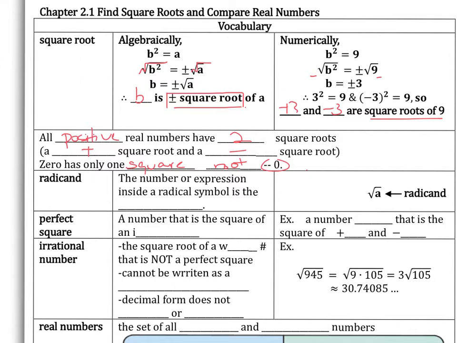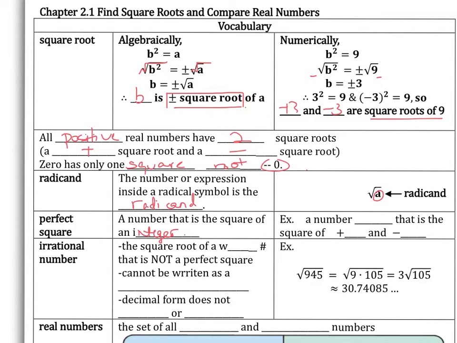Radicand is the number or expression inside a radical symbol. Perfect square is a number that is the square of an integer.